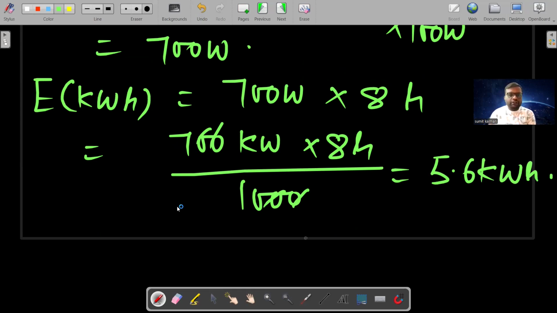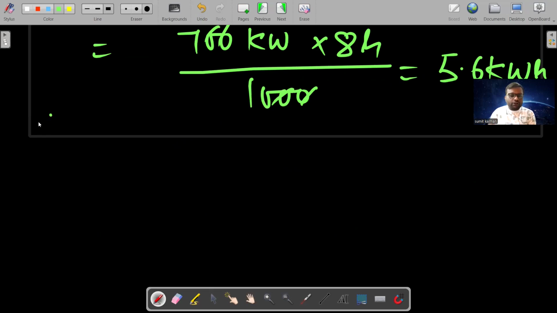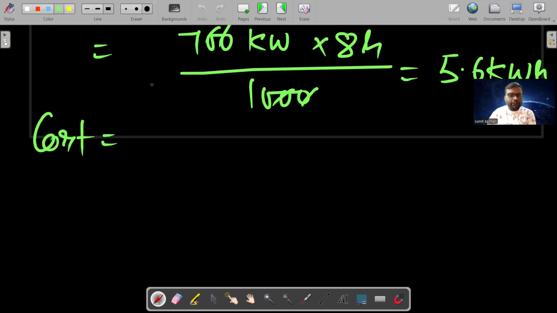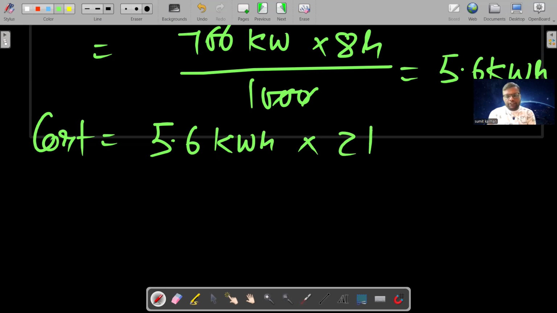Now, students, for the cost: the electrical energy cost is 2 rupees per unit. Unit means kilowatt hour. So here it will become 5.6 kilowatt hour into 2 rupees per kilowatt hour.